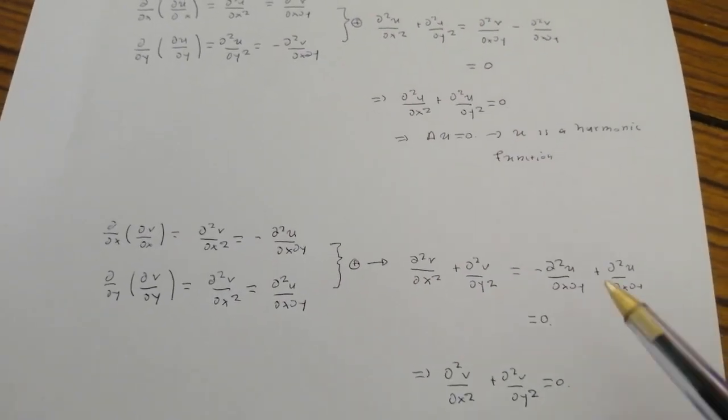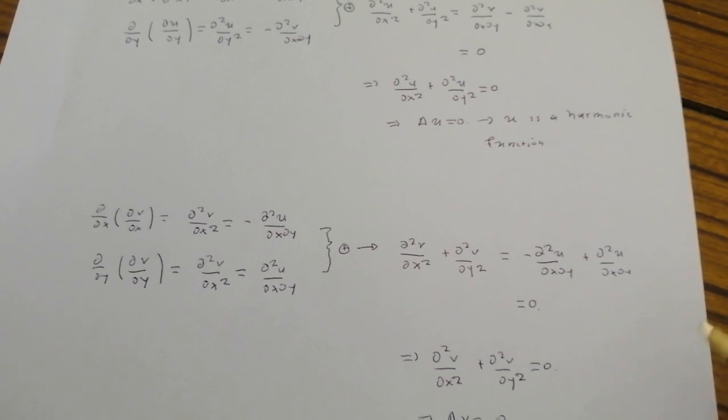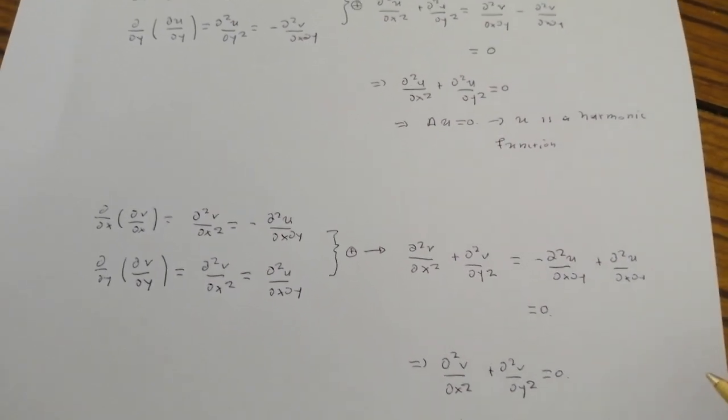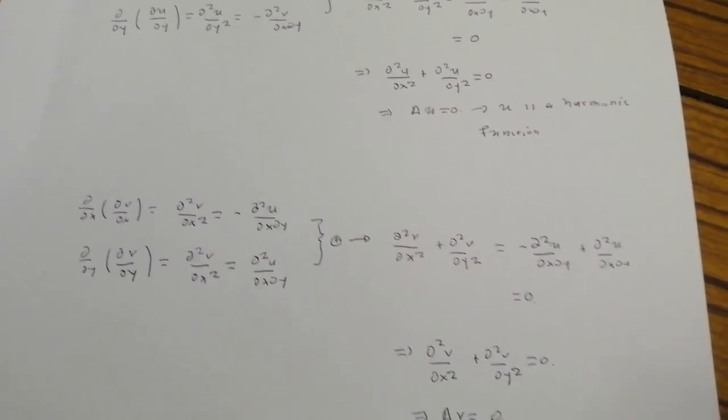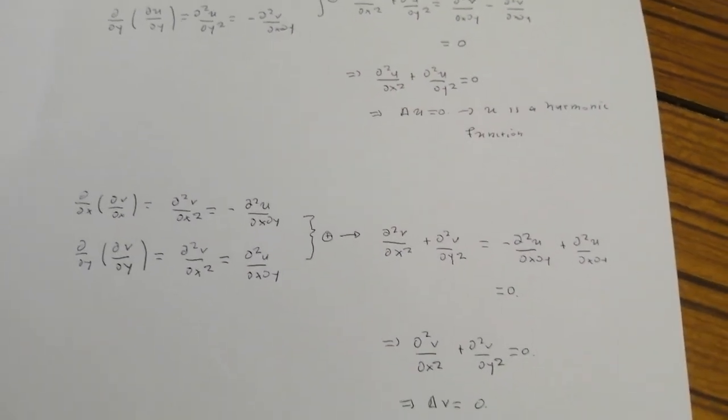Therefore, the functions u and v are both harmonic functions, which is a really significant result in complex analysis.